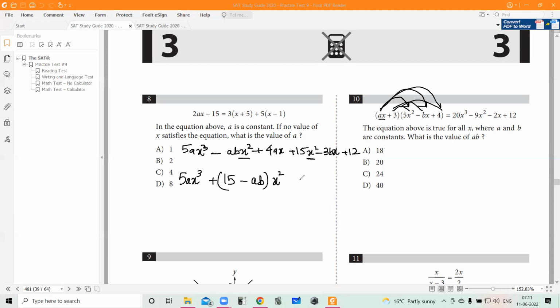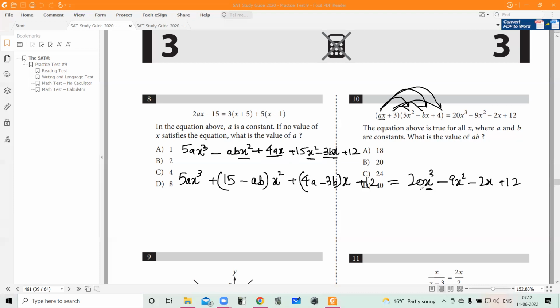And then anything related with x? 4ax, plus 4a minus 3b times x. And then plus 12. This is equal to 20x cubed minus 9x squared minus 2x plus 12.